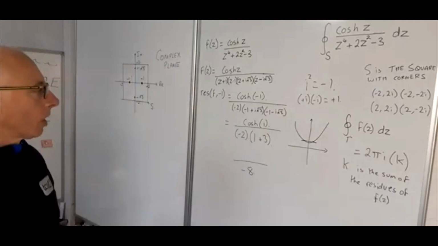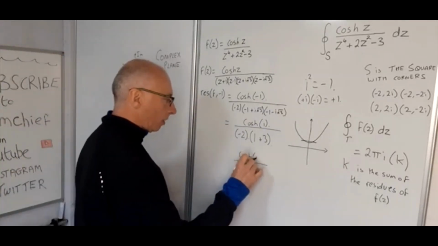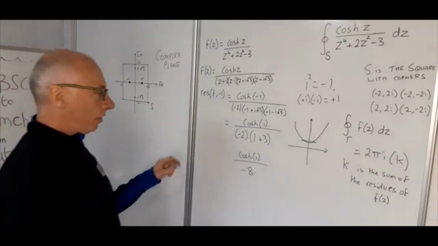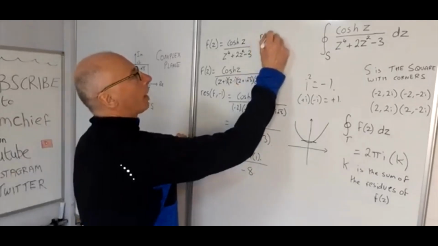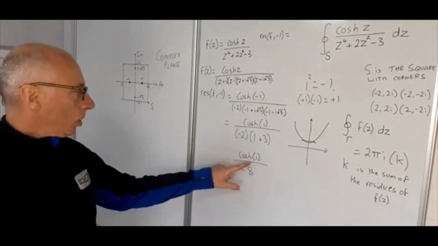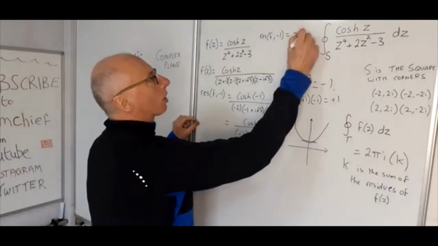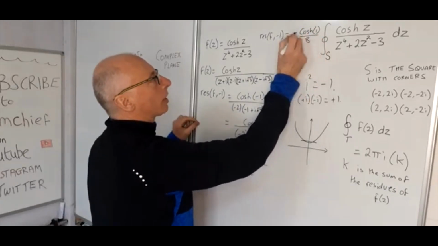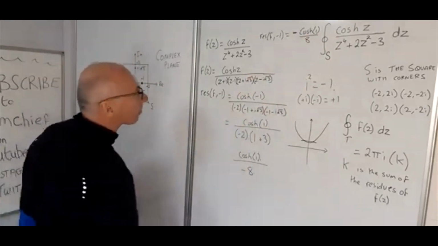Okay, so let's write this down here now as cosh of 1. So the residue of f at minus 1 is cosh 1 over minus 8. So we'll just call that minus cosh of 1 over 8. So that's our first residue taken care of.